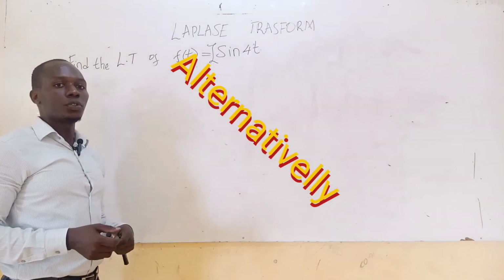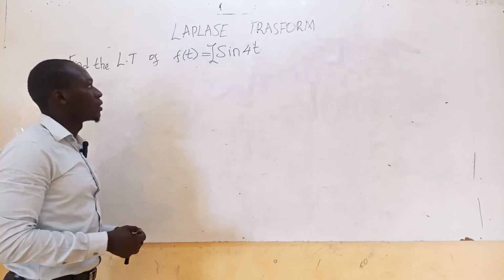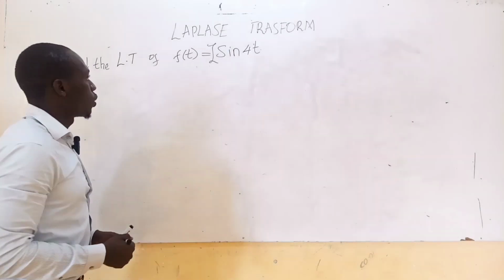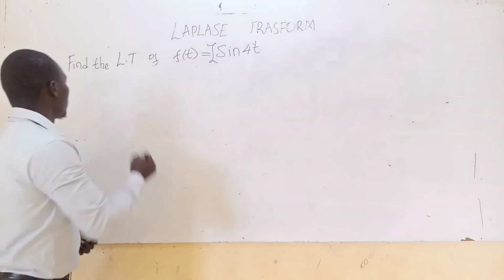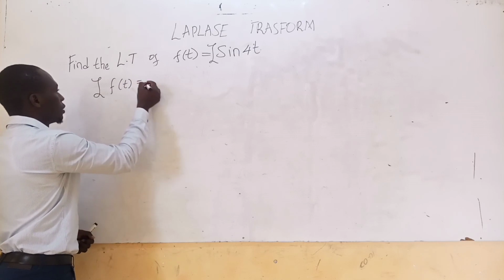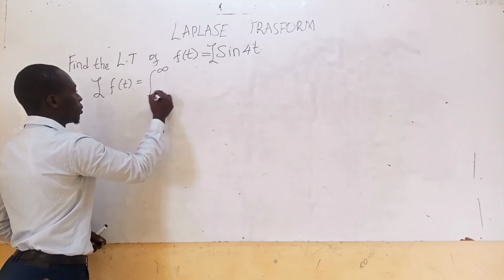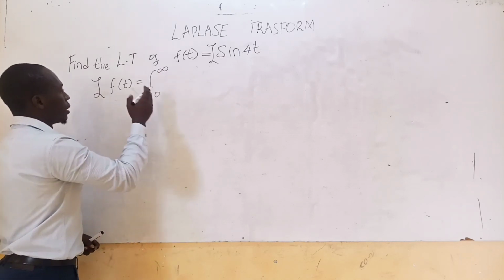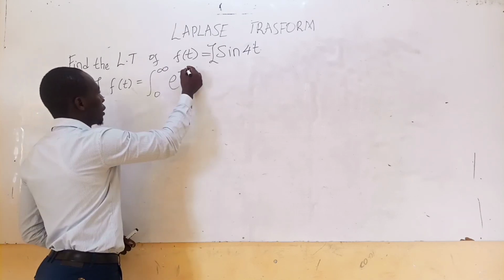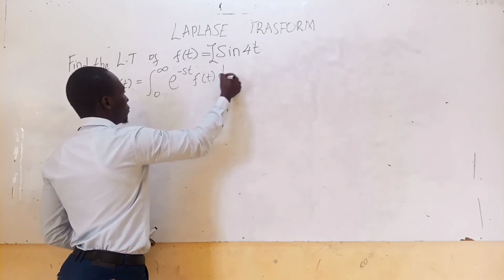Let us now use our alternative method in solving the Laplace transform of sine 4t using the first principle. So we understand by the first principle, the Laplace transform of a function f of t is equal to the integral with respect to our limits 0 up to infinity of exponential negative st of a function f of t.